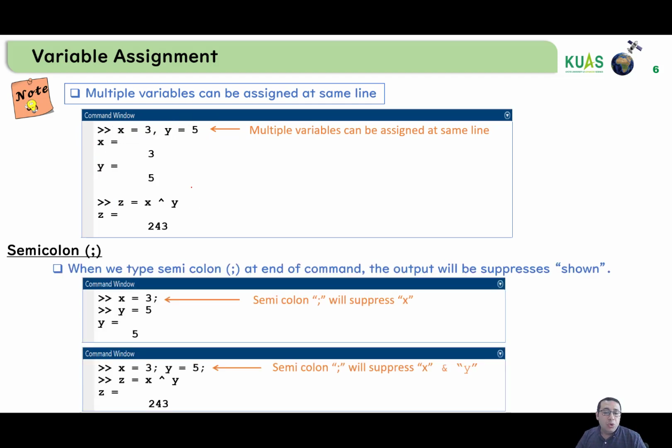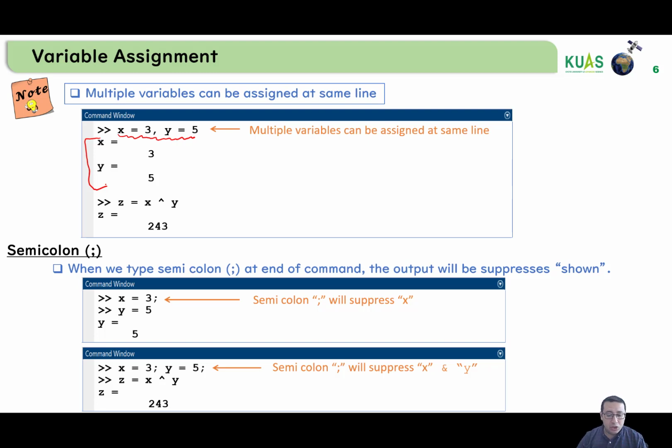And also, we can use the semicolon to suppress the output. For example, when we wrote here x equals 3, comma, y equals 5, MATLAB gives us the output and repeats the output for us. We already know. So if we don't need MATLAB to show this output for us, we need to suppress it and not show these things for us.